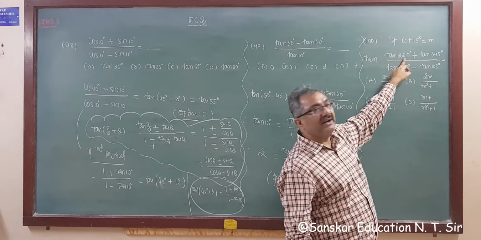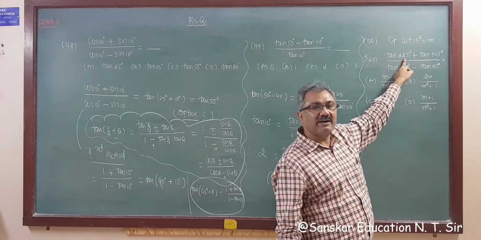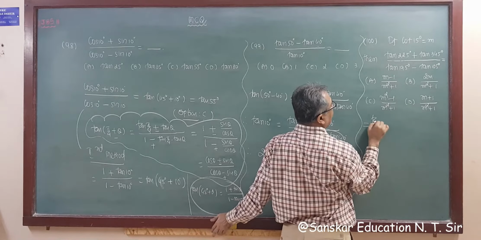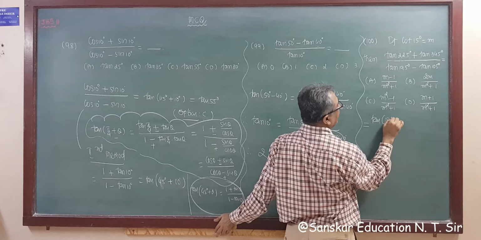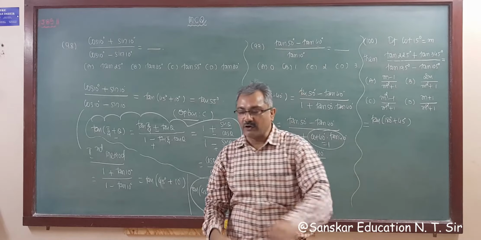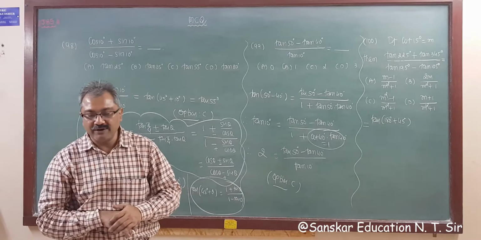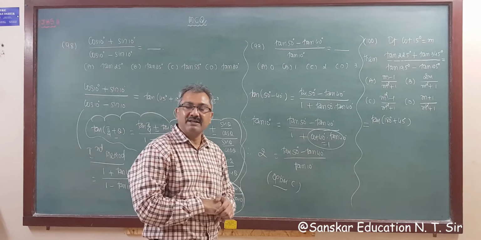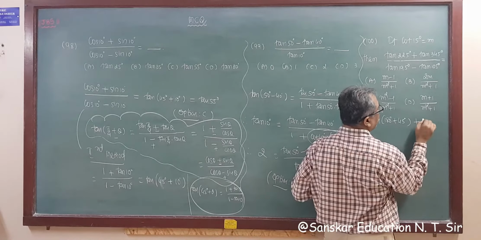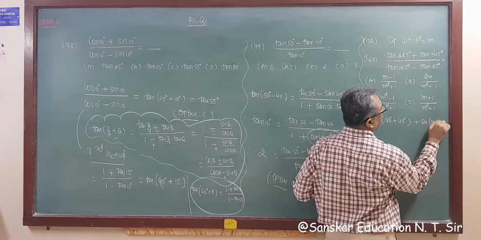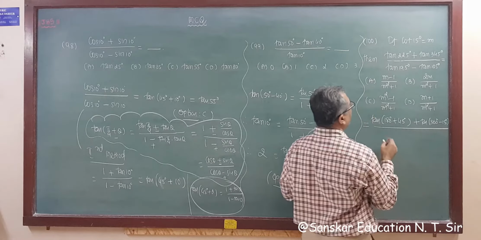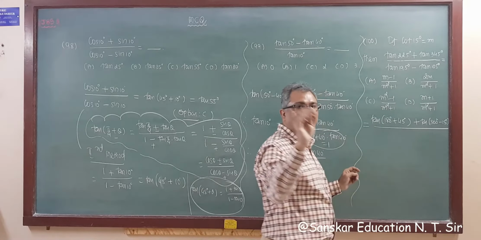So 225 is 180 plus 45. So I am changing this. I am writing directly: this is equal to tan (180 plus 45 degree), which is 225. Now 345. Now for 345, 360 minus 15 is your known value. So this is plus tan (360 minus 15 degree). This is your known value, upon tan 195, that is 180 plus 15.